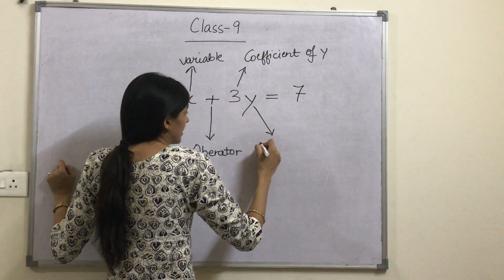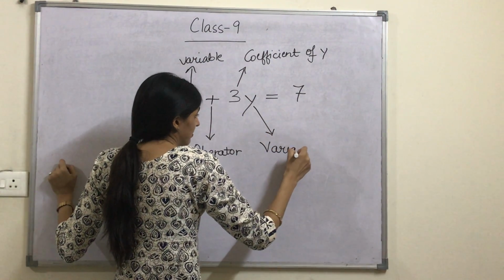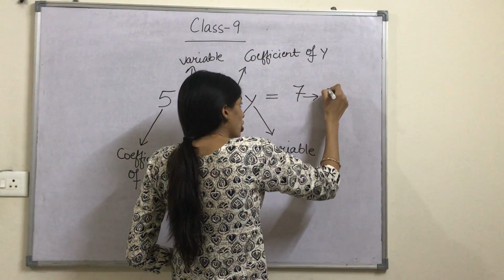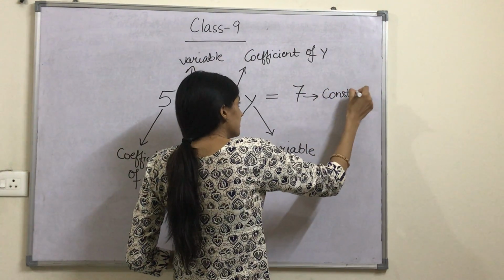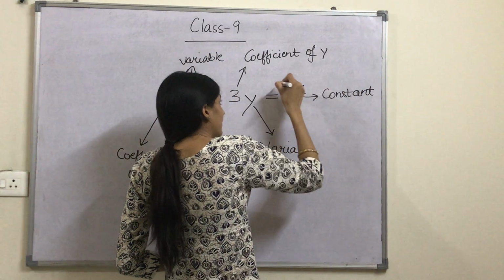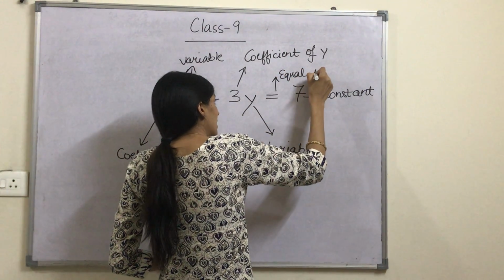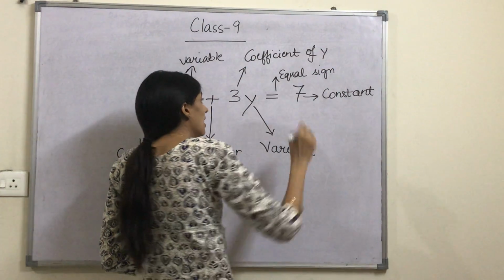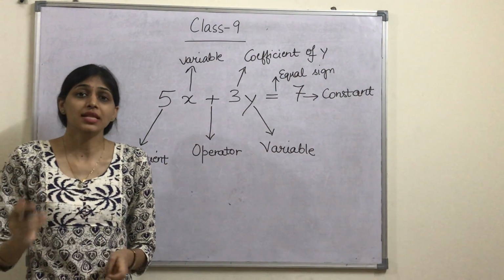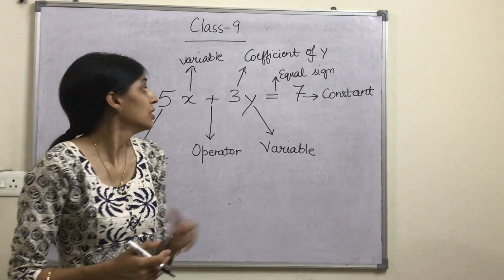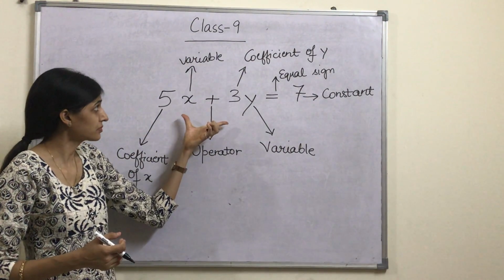This is known as a variable. It can be a, b, c, anything. And this is your constant. And this is your equal sign, which represents it is an equation.